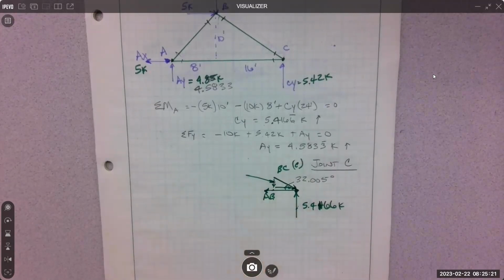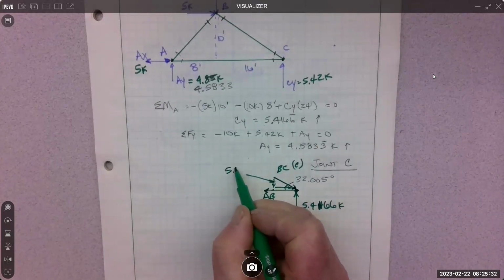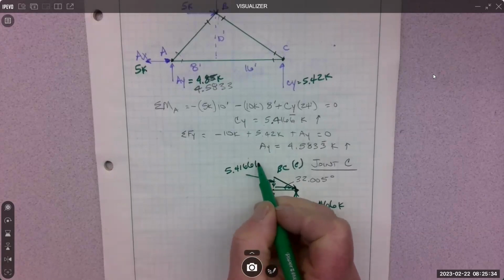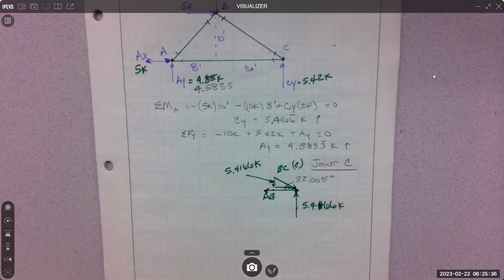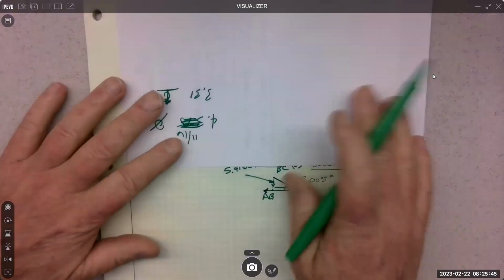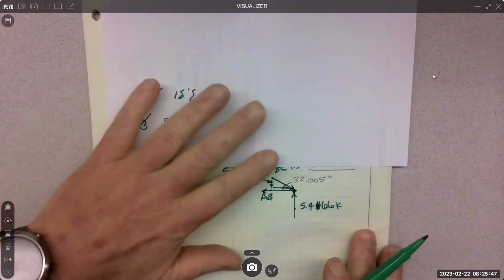What is that component coming down? It has to be 5.4166. And that's so the Y forces equal 0, right? Looking at this. And I cover all this up because we don't want to be distracted by it.